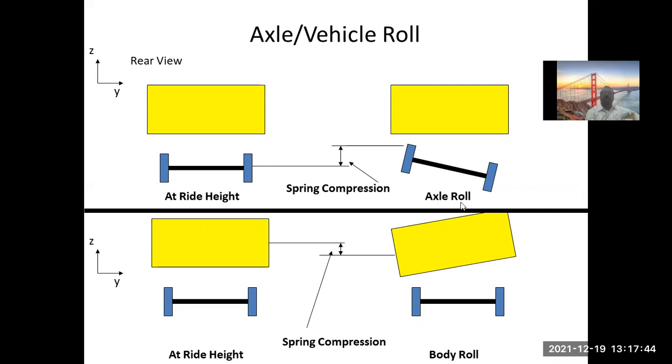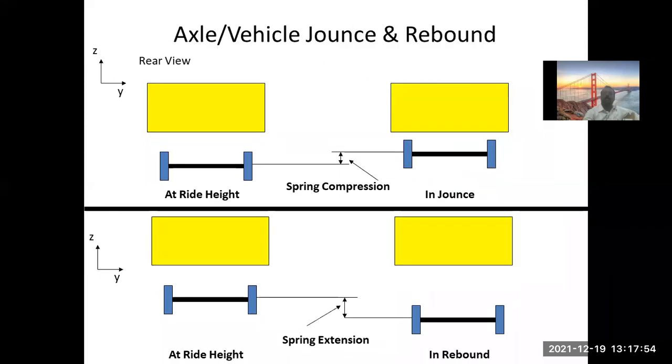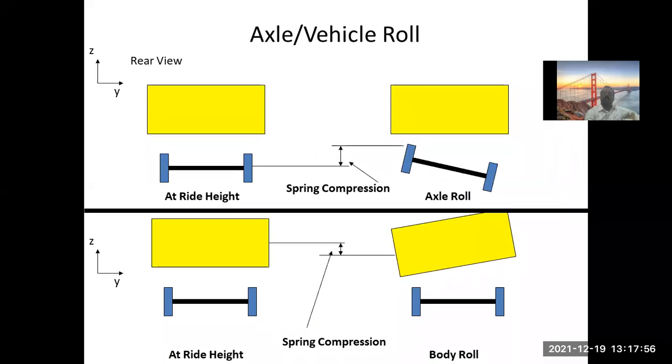Okay, now here there are two conditions mentioned. Here the body is rolling, the axle remains the same. Comparatively the axle is stable while the body is rolling, so we call this a body roll.